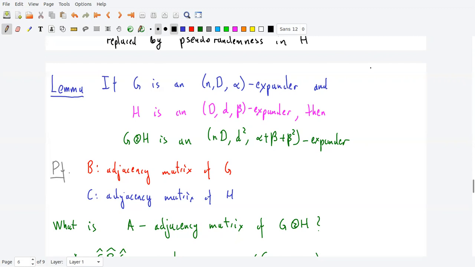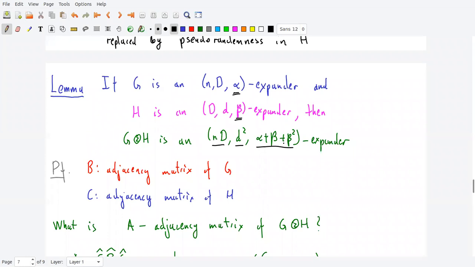But more formally, what we need to prove is that if G is an N, D, alpha expander, so it has the ratio between the second largest and largest eigenvalue bounded by alpha, and H is a D, capital D, small d, beta expander, then G zigzag H is an ND, D square, alpha plus beta squared expander.